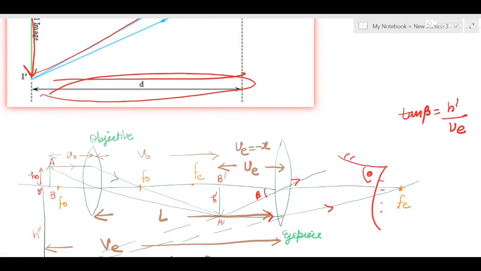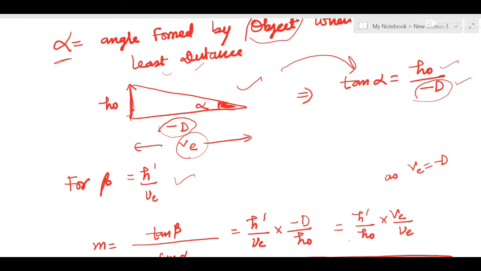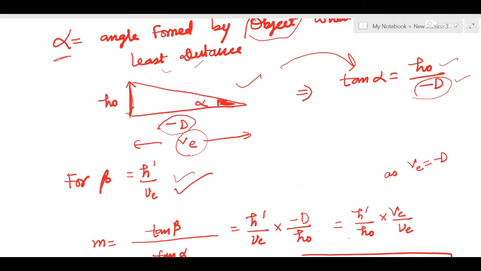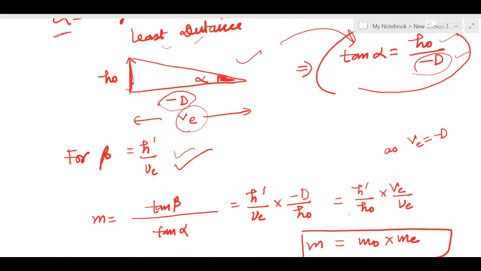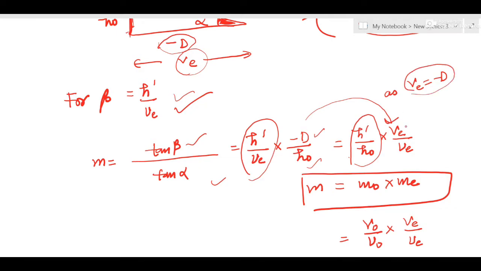You can write UE also, you can write minus x also, but later on. So we are ready with tangent beta, which is h dash by UE, and tangent alpha is already h0 by minus d. Let us substitute h dash by UE and h0 by minus d. So this I am bringing here. This I told you can be replaced by VE. See, so we have written.